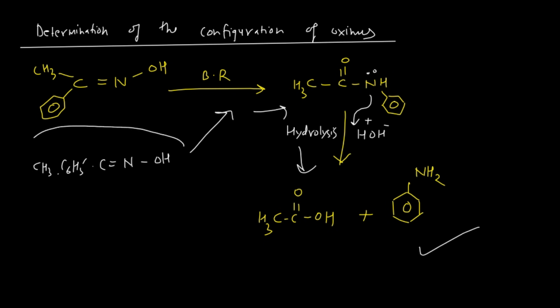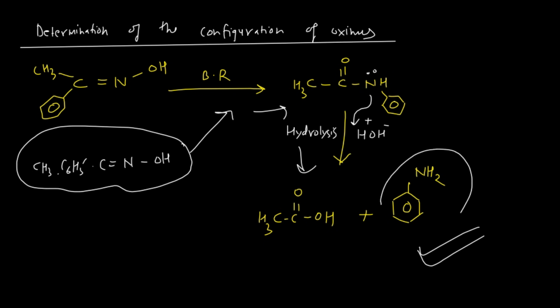Here in that case, I don't have any idea about the configuration, but when I get this product after hydrolysis, then that amine which is having this alkyl group, this must have the anti-relationship, because this has migrated onto this nitrogen atom. You know, this has migrated onto the nitrogen atom and this is forming the amine.